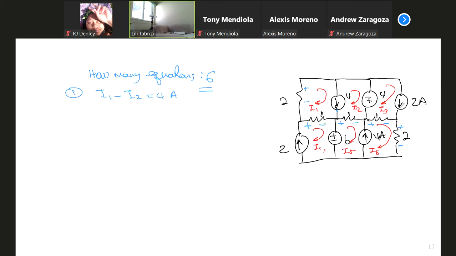Okay, let's go to Sarahi Yunus. What about this current source? Pointing with my pen. That's 2 amps. Equal to what? What mesh current is passing through this?